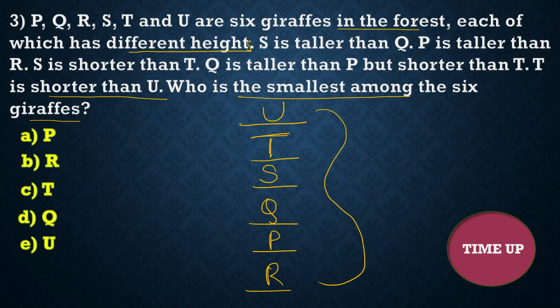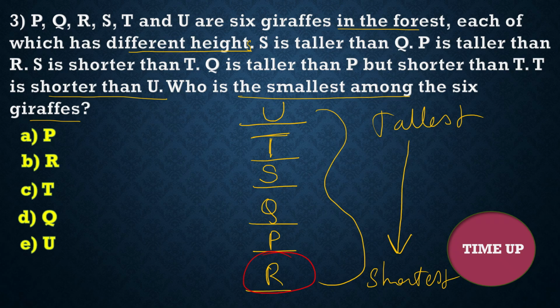Who is the smallest among the 6 giraffes? This is the tallest and this will be the shortest. So from tallest to shortest, who is the shortest giraffe here? R is the shortest giraffe.